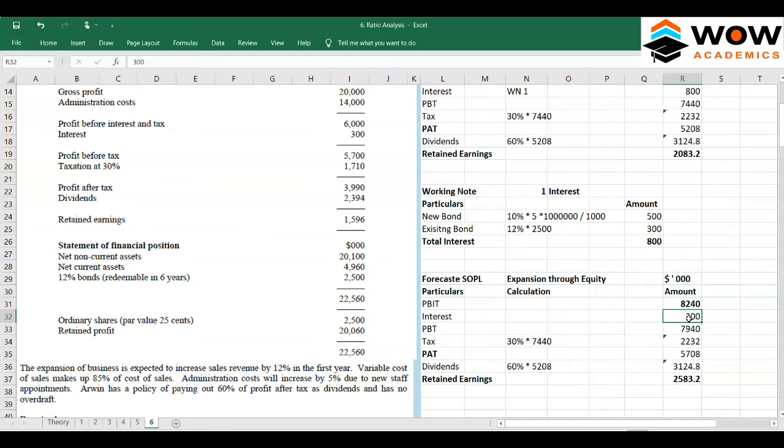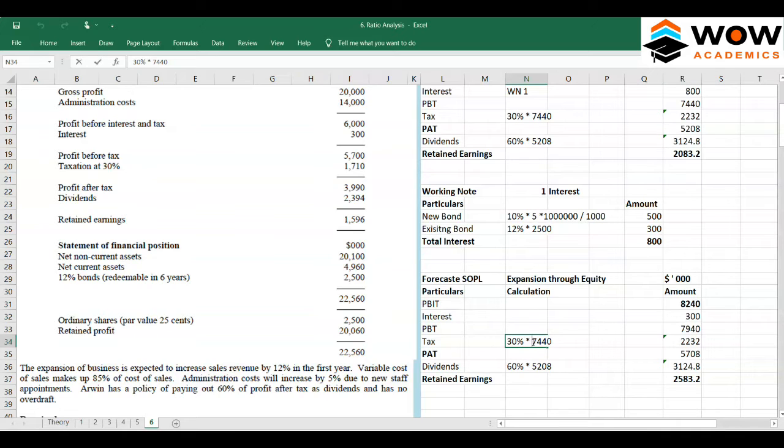Okay, so let's check whether it is correct. If you see, the tax is a different number, right?